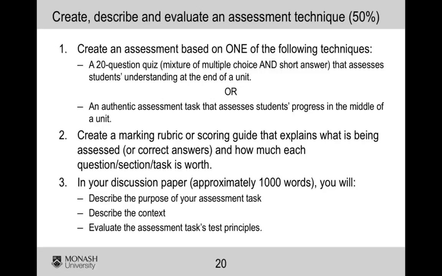So whatever subject you are preparing this assessment for, make sure that it connects to the Victorian curriculum. You need to actually mention the context, where it aligns with the content descriptors and/or the achievement standards.